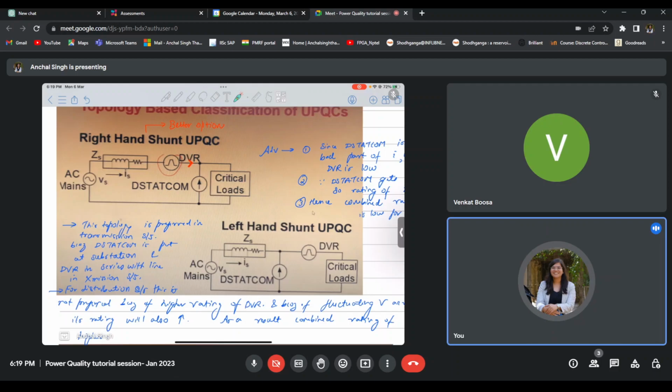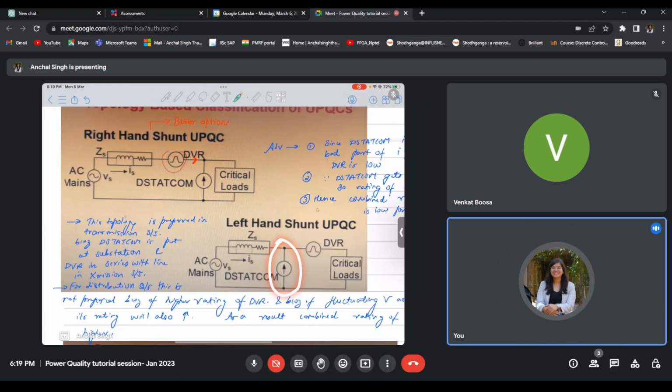Whereas when we talk about the transmission system, these D STATCOMs are present at the substation, whereas DVRs or the voltage control devices are present in the transmission lines at some distance. The reason for doing that is that in a transmission line, in order to improve the power transmission capability, we use series compensators. We discussed at the very start of the lectures that series kinds of compensators are mostly used in transmission lines because they help improve the power transfer capability of the line.